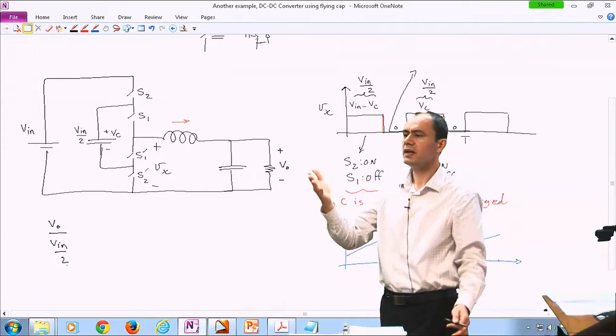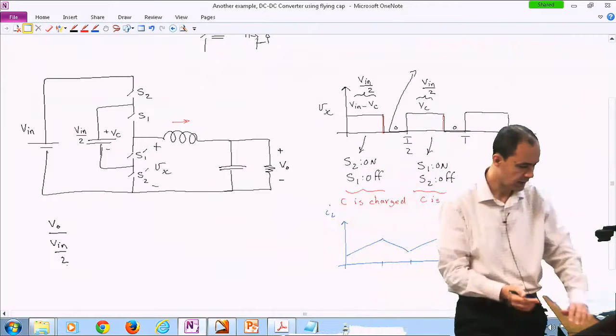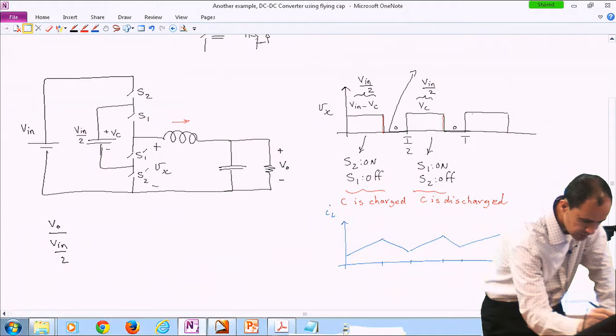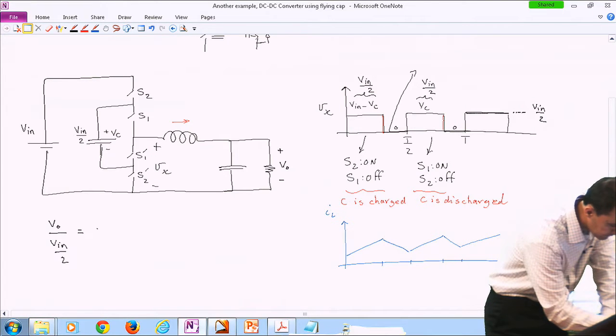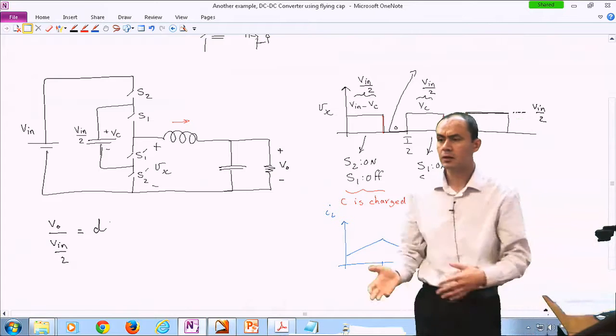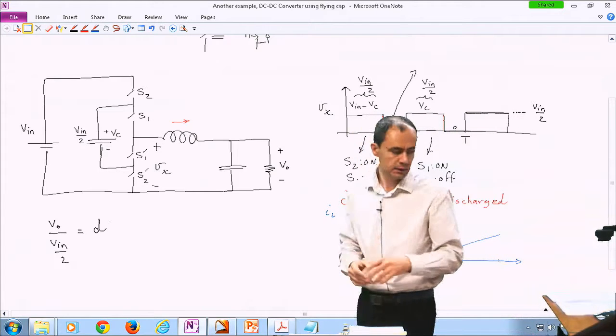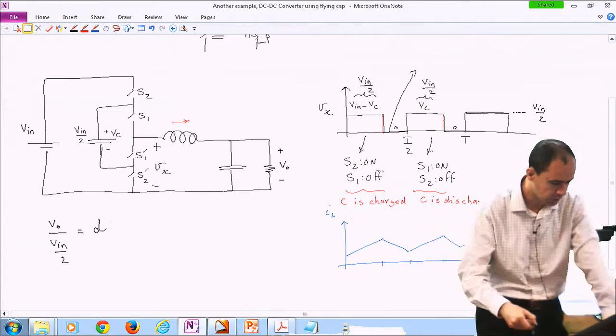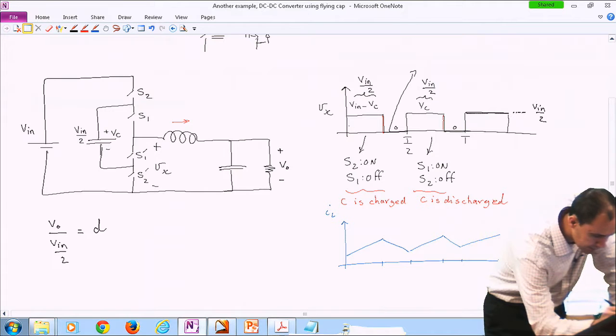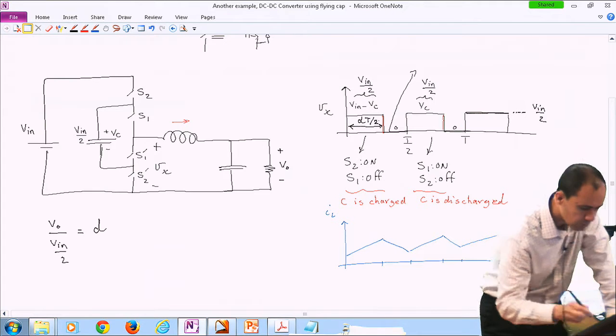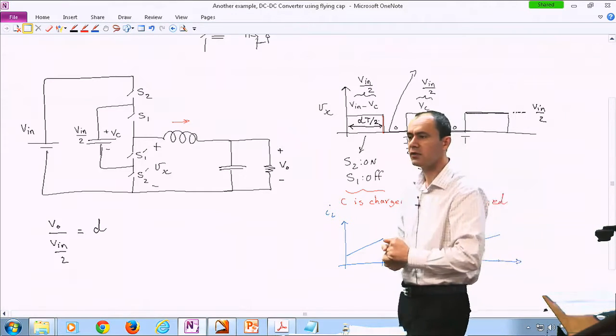The ratio between Vout, or Vin over 2, and Vin over 2, because technically this level is Vin over 2, is D. And then you can debate how to define D. You can argue that this length could be labeled to be D times half of the switching period.